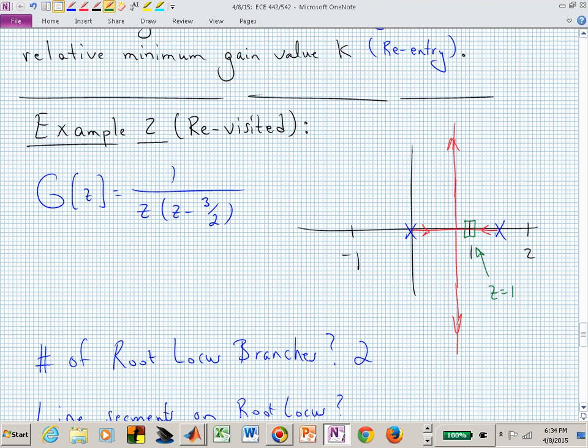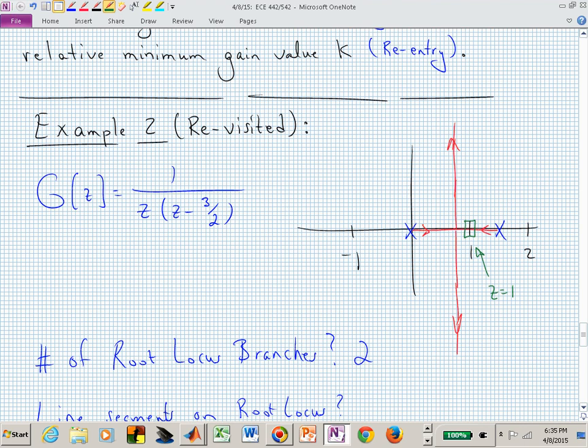And we know that they eventually will end up at 0.75 at the same time. By same time, I mean for the same value of k. So we know that it's going to require a gain k to get that pole at 3/2 to 1 before anything else is going to happen. So that pole at the origin is not going to zip up and start going up an upper branch. They're going to meet at the same value of gain k and break away together.